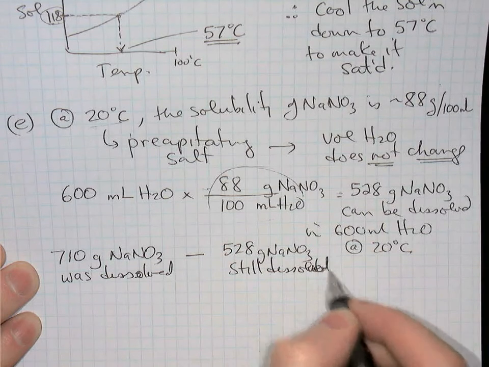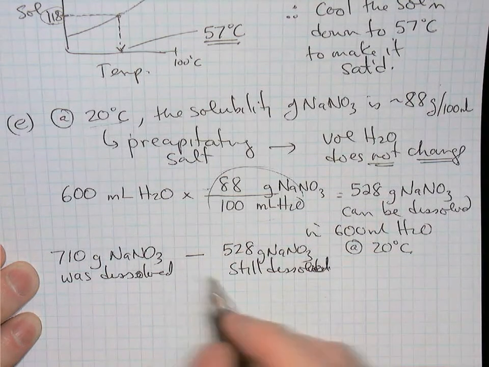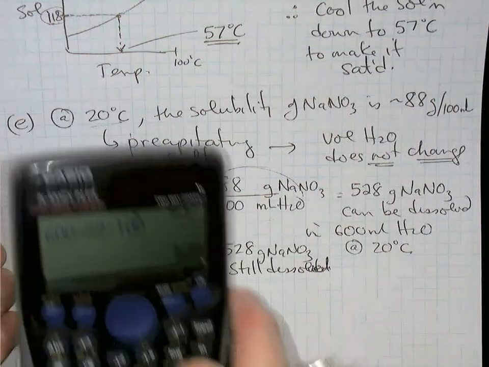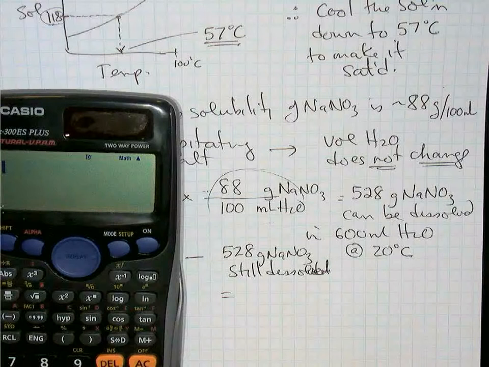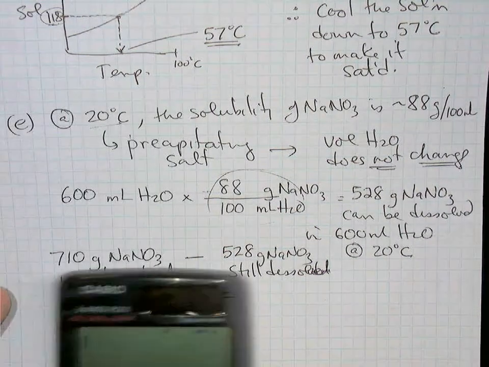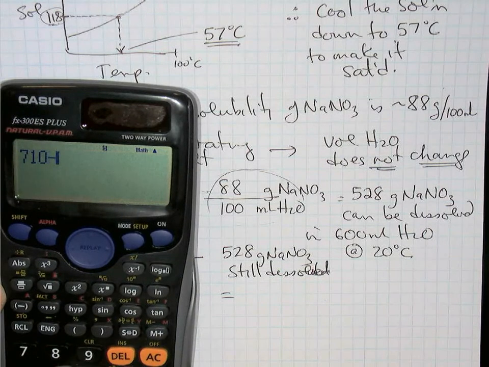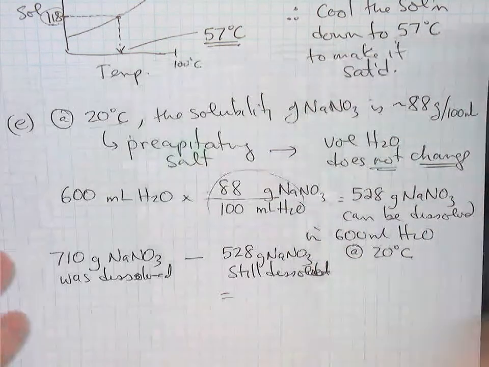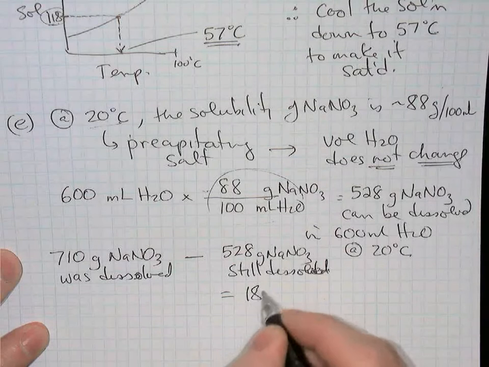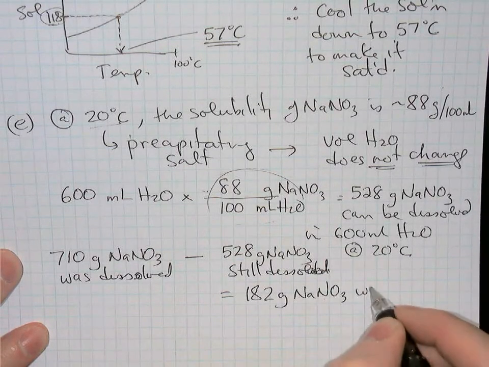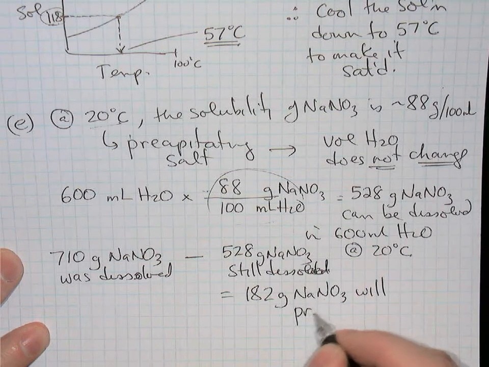That many grams can still be dissolved. The difference is how much can't be dissolved. So this is what will be the precipitate. This is what will come out of the solution. So 710, take away 528, 182 grams of sodium nitrate will precipitate.